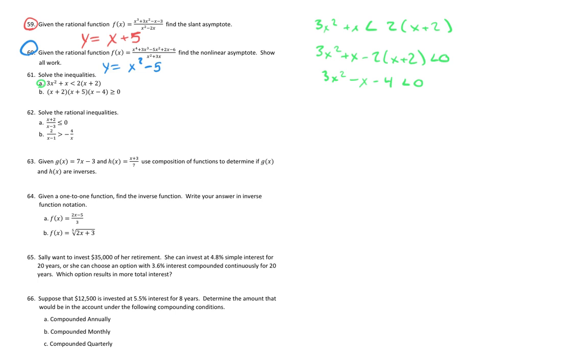A good way to factor these sorts of polynomials whenever you see a coefficient out front is to try factoring by grouping. The way that you do that is you say, okay, let's take 3 times negative 4, so that's going to be negative 12. And then let's also write that we have a negative 1. So we need to think of two numbers that multiply to negative 12 and add to negative 1.